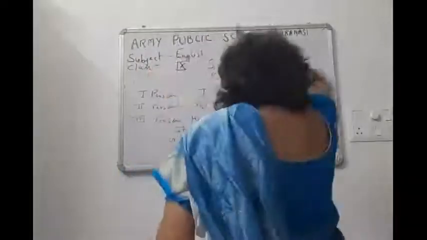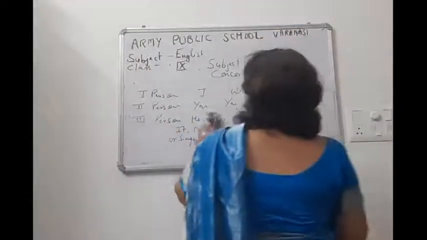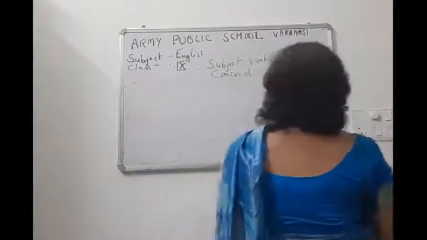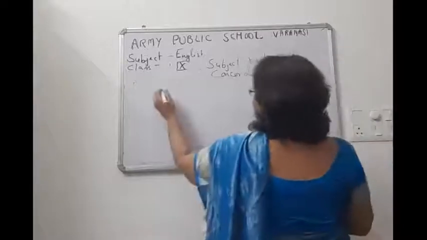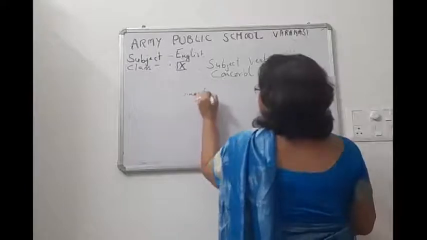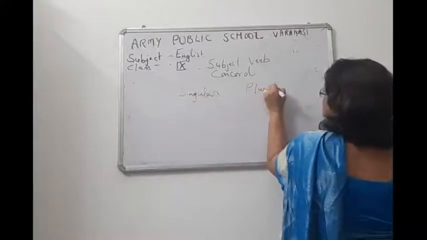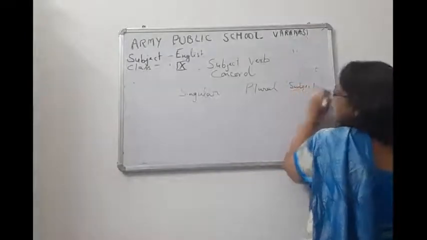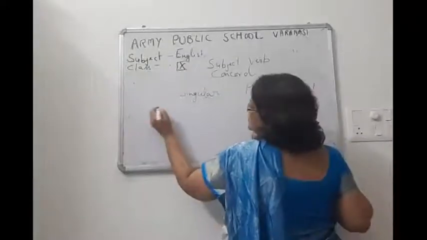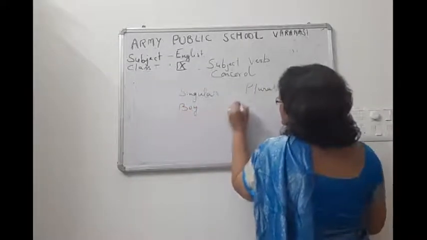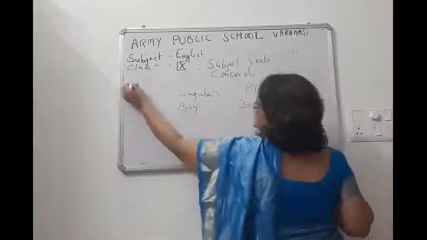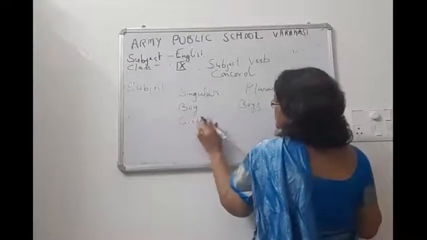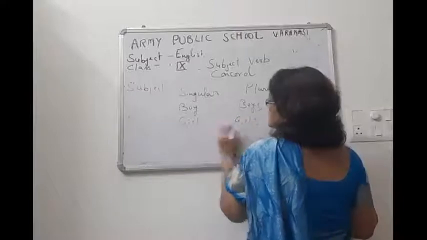Before understanding this point, first of all try to understand singular and plural subjects. So children, if boy is there, then it would be boys. If girl is there, singular girl will become plural girls.